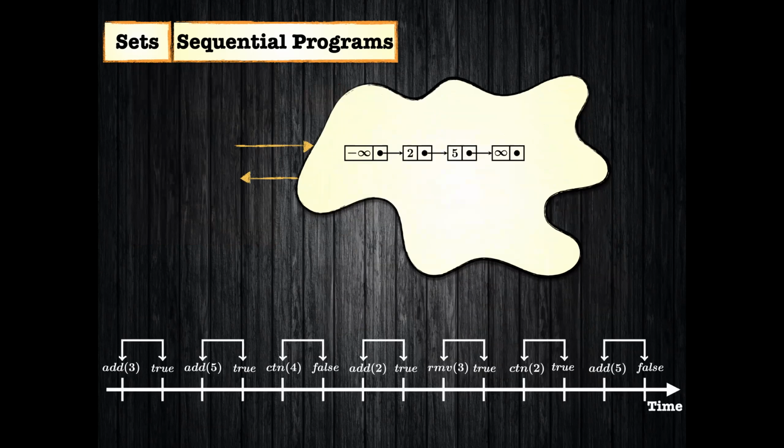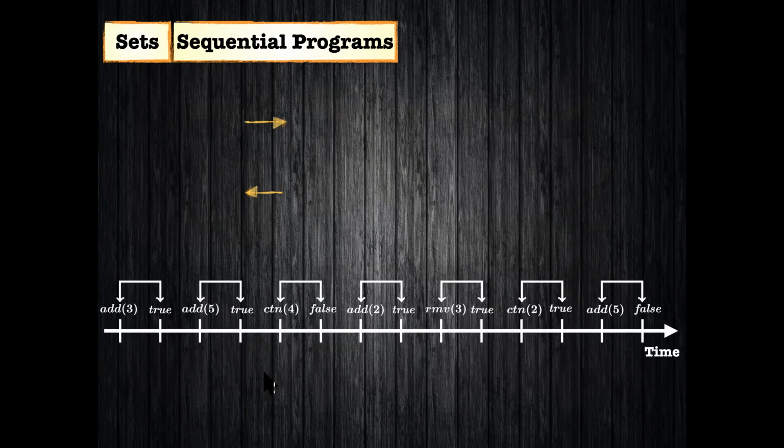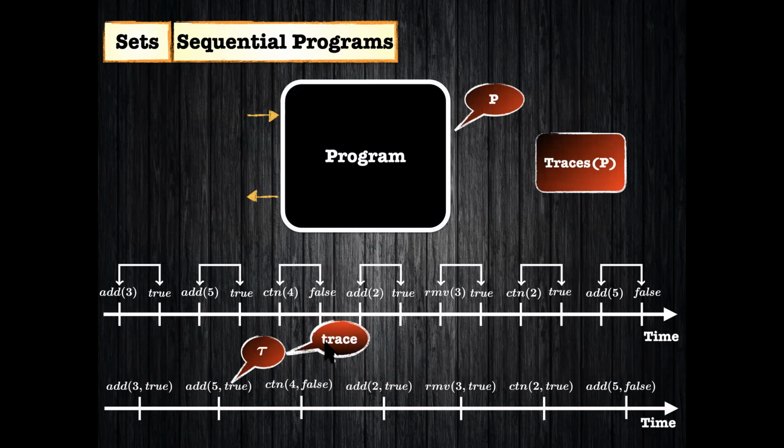So as we saw, always give something, check the state of the data structure, potentially change it, and then give an answer. And in such a way, you obtain a sequential history, which you can transform to a trace, and this will be one trace of the program.